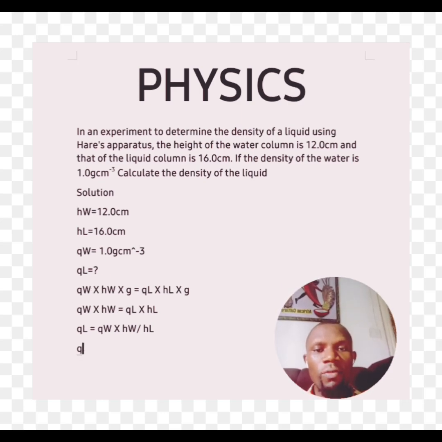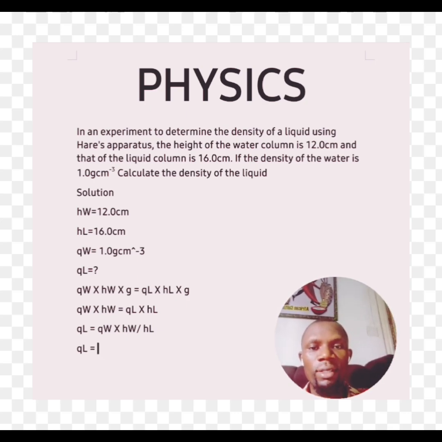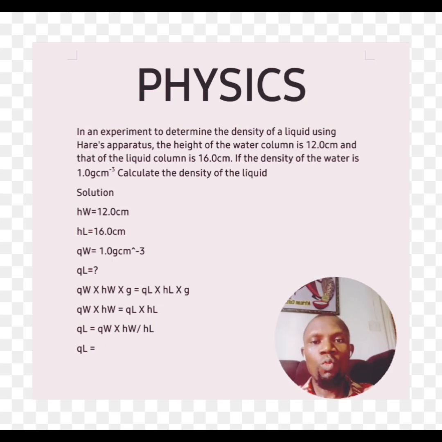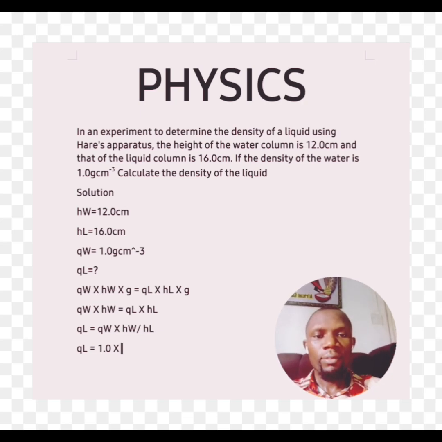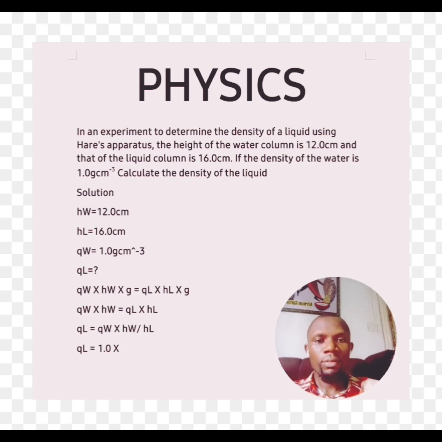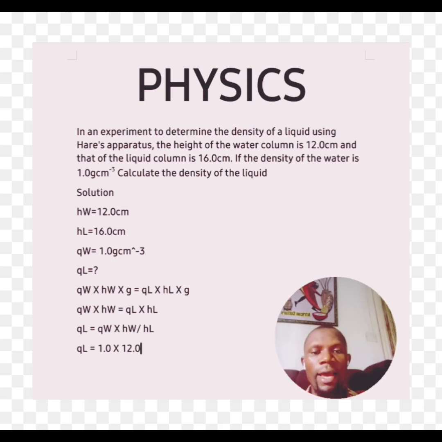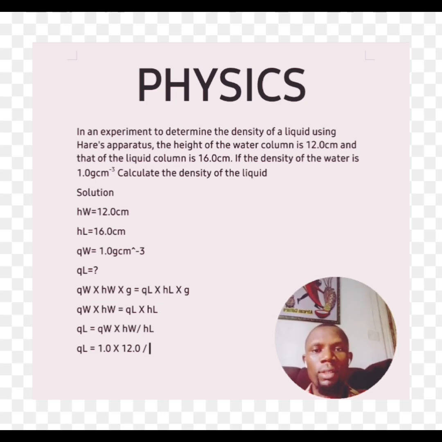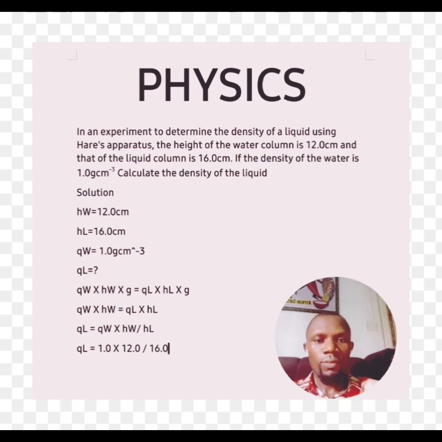I'll have my density of liquid is equals to, I see my density of water. My density of water is 1.0 times my height of water is 12.0 divided by my height of liquid is 16.0.